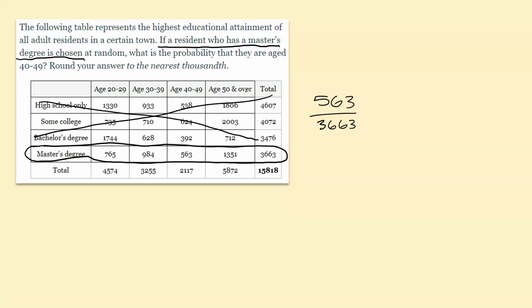It says round your answer to the nearest thousandth. So they want this as a decimal approximation this time to the nearest thousandth. So that would be 0.154. Thousandth is 3 decimal places. So that would be your final answer for this one.